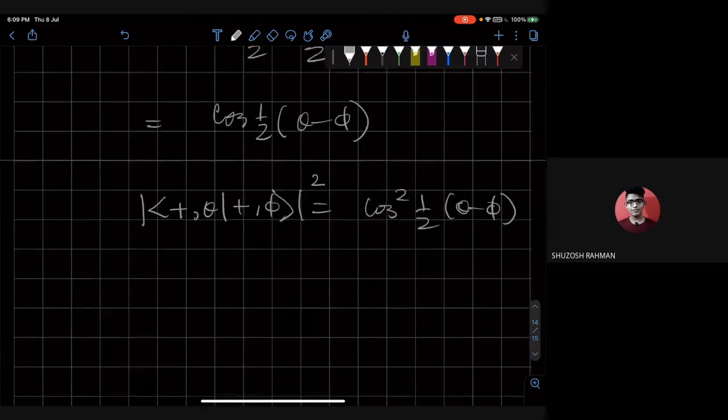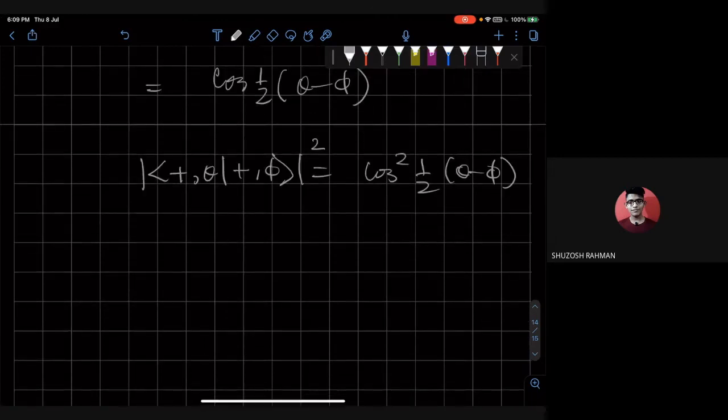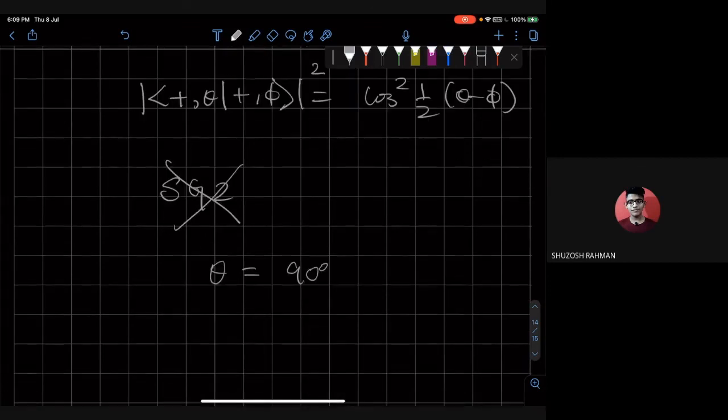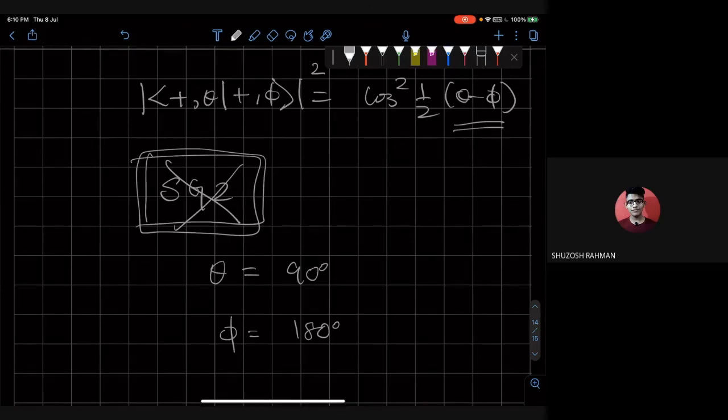Now, there's something interesting here. What if you didn't have the second Stern-Gerlach apparatus? Then what would you get? If I take the second angle to be 90 degrees, and the third one to be at 180 degrees, I still get a non-zero result here, right? But if there was no second Stern-Gerlach apparatus, so there was nothing here, then I would get 0 here.